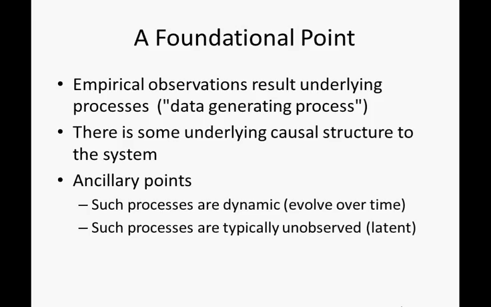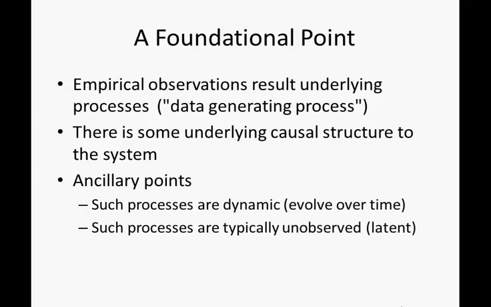The notion is that the world we observe is just one possible realization. It could be slightly different due to the vagaries of the stochastics involved. The point is there's some causal structure underlying things, and we observe certain components of that, but not most of it. There are lots of latent factors evolving out there.